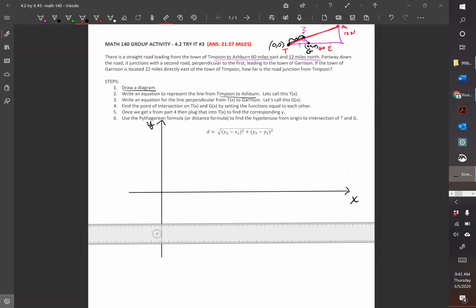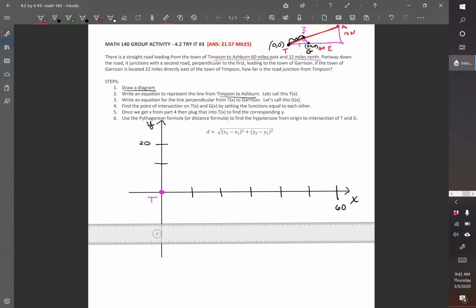Okay, so I've got my x and y axes set up there, and now I'm going to put my tick marks in a little bit. I think I did 10, 20, 30, 40, 50 to 60. And then on the y-axis, I would have about 10 and 20. So now I know that Timpson is right here at the origin.